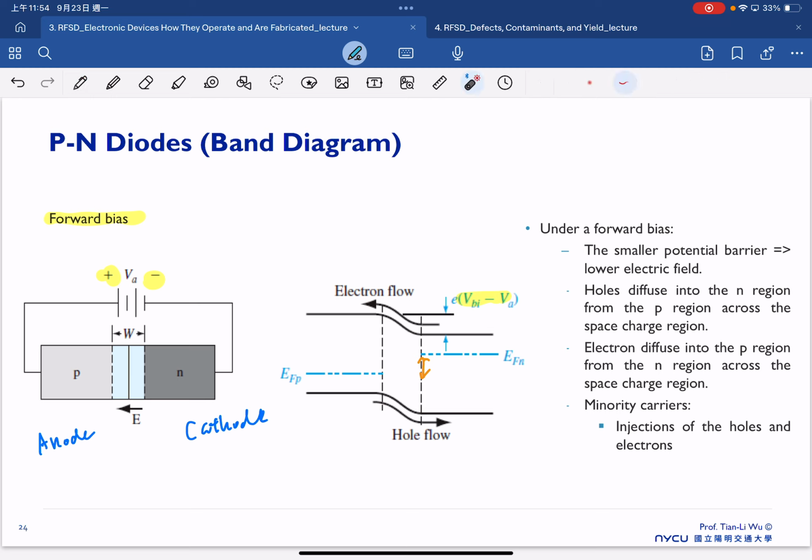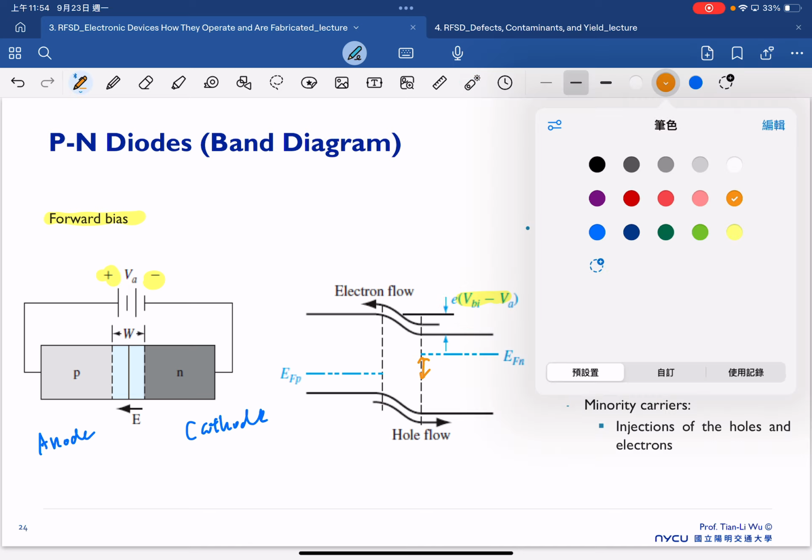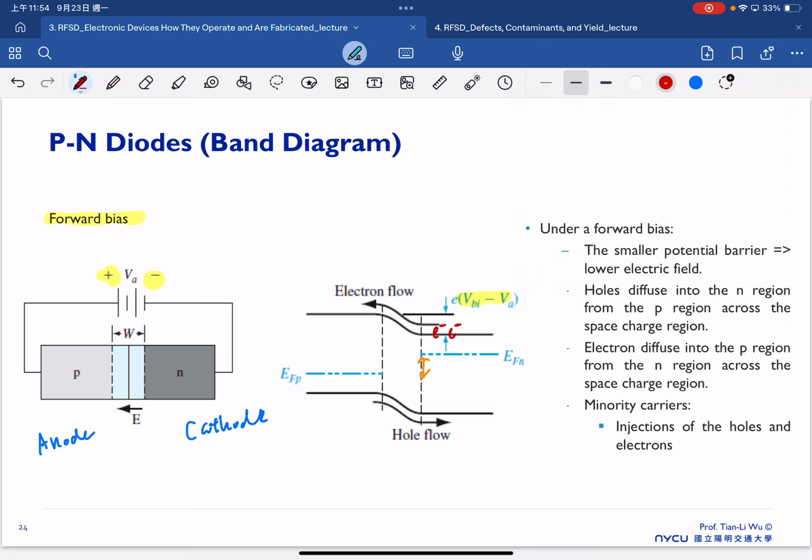In the end, our built-in potential barrier between the left and right is reduced, because now the barrier height becomes VBI minus VA. So once the barrier is reduced, the probability of electrons moving towards the left is higher. And similarly, the holes can start to flow to the right here.